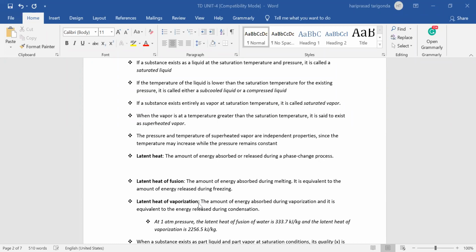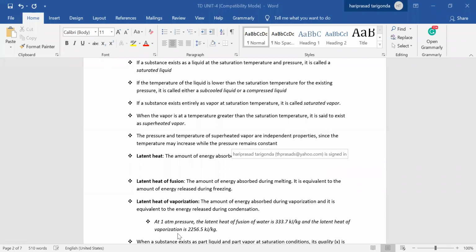Water is a very standard fluid. Therefore, at atmospheric pressure, the latent heat of fusion will be 333.7 kilojoules per kg, and latent heat of vaporization is 2256.5 kilojoules per kg. These are the very standard, very common values. Everyone has to remember these values.